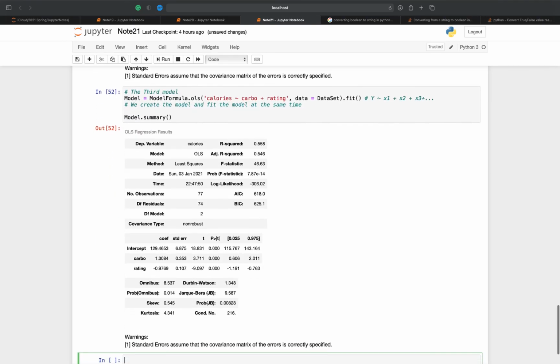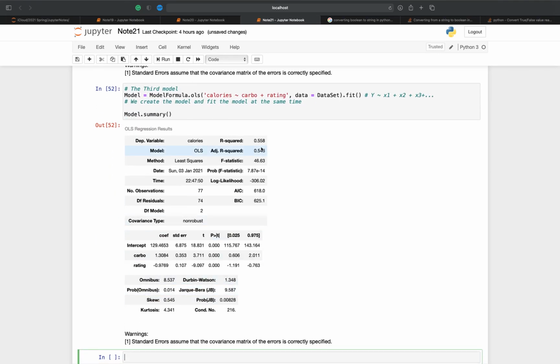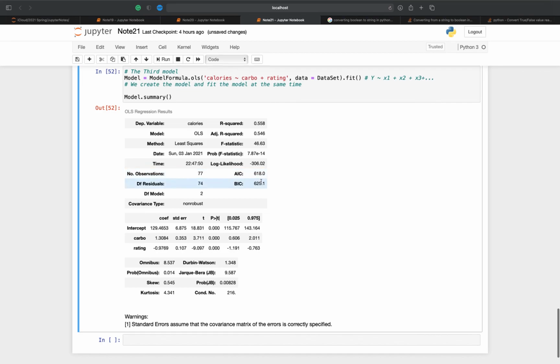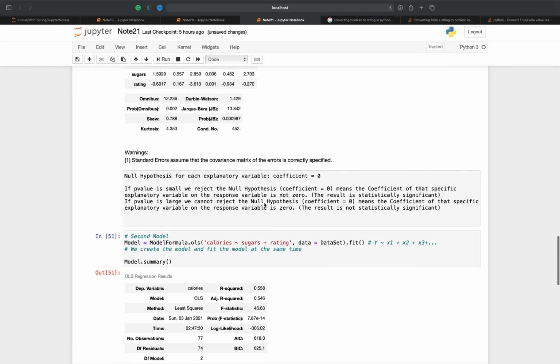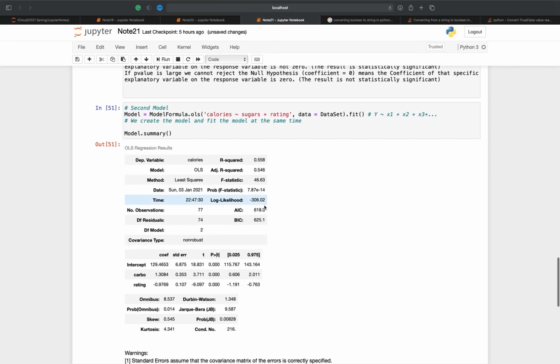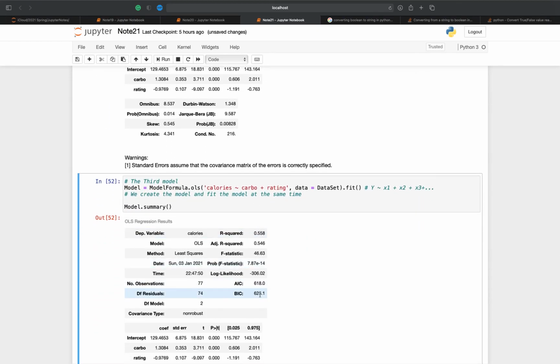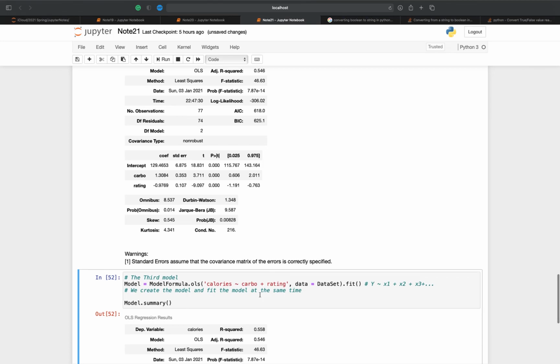In the third model, I kept the carb. R square is not good, adjusted R square is not good. AIC, BIC are not as good as the first model, but better than the second model. The second model is actually almost similar to the third model.